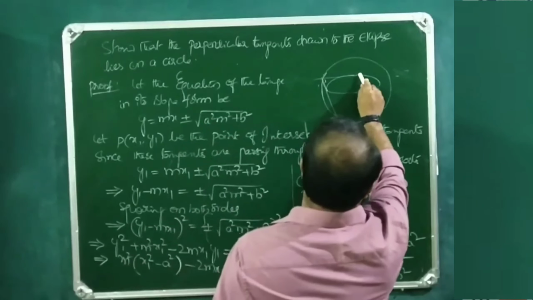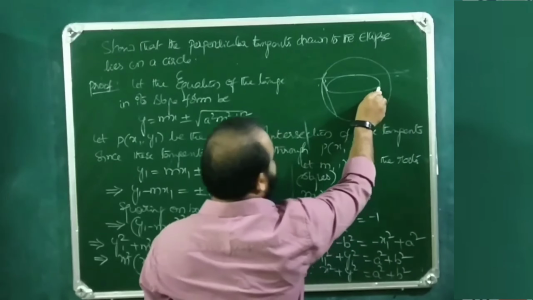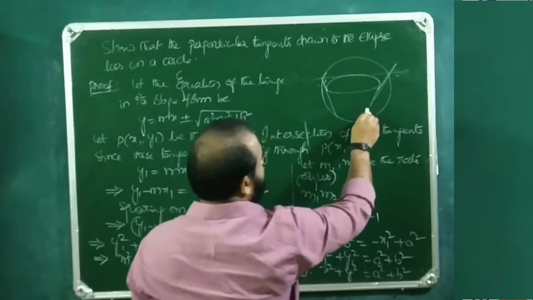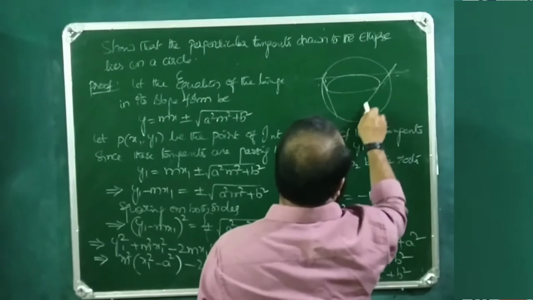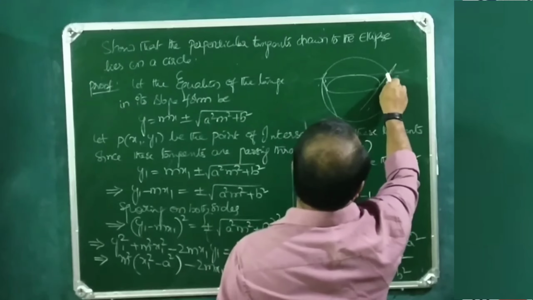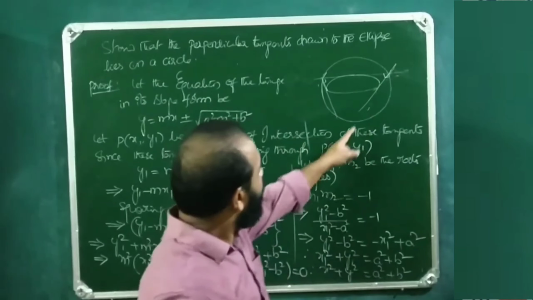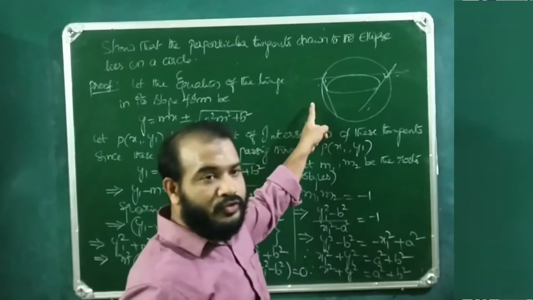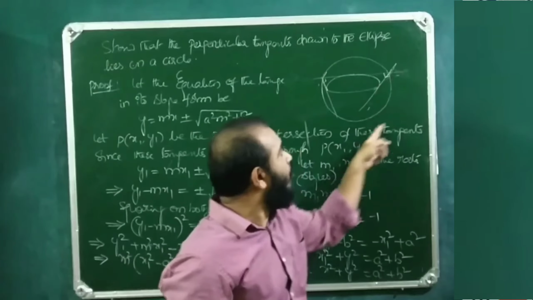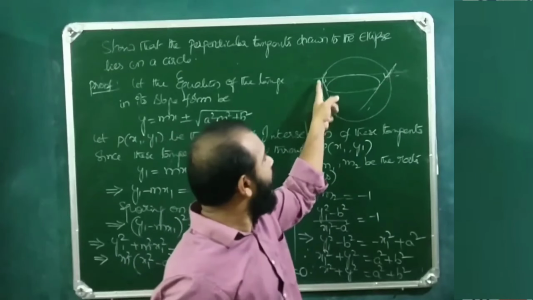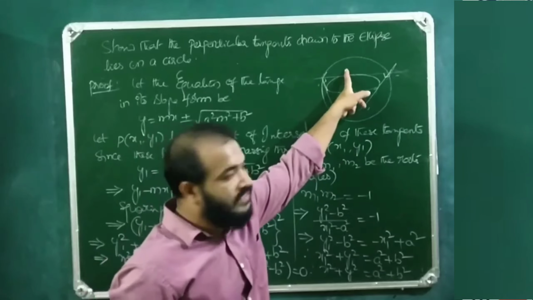Likewise, this is the tangent, and at this point this is the tangent. So these are again perpendicular tangents. Likewise, there is the possibility of an infinite number of points. All these points, if you join, then the circle so formed is called the director circle.